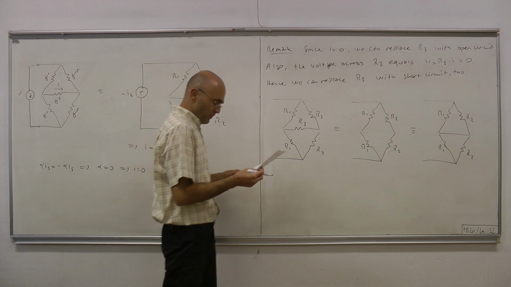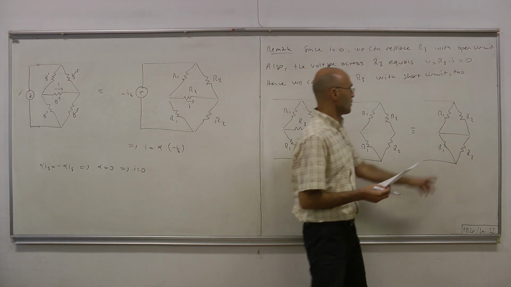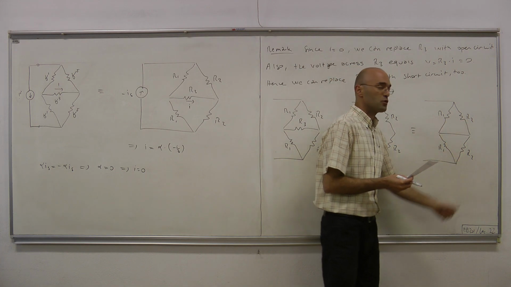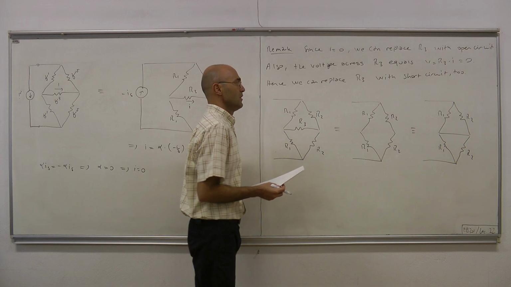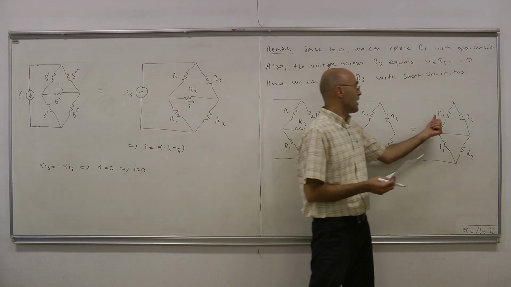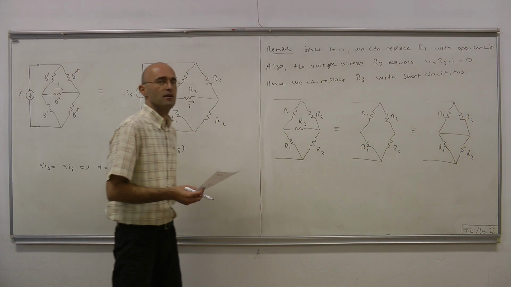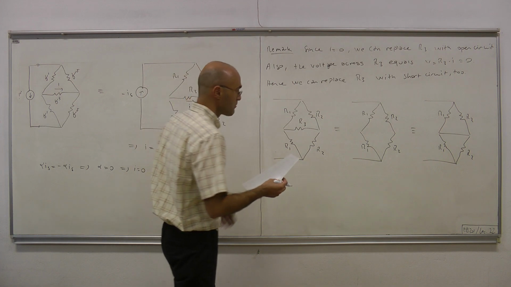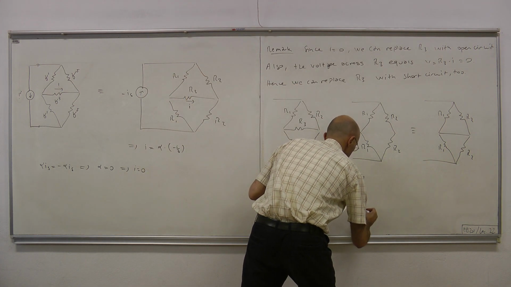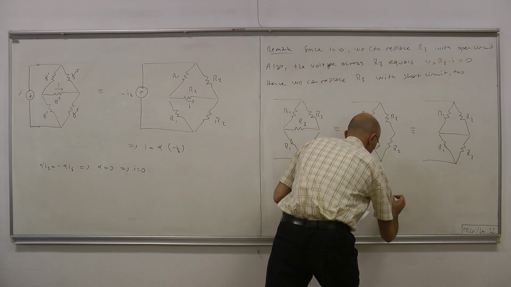So we have 2R1 parallel 2R2 as the answer. Here we have R1, R2 parallel, in series with another R1, R2 parallel. So it's either 2R1 parallel with 2R2, or R1 parallel with R2 times 2, which are both the same thing. So this is equivalent to the following input resistance: 2R1 parallel R2.